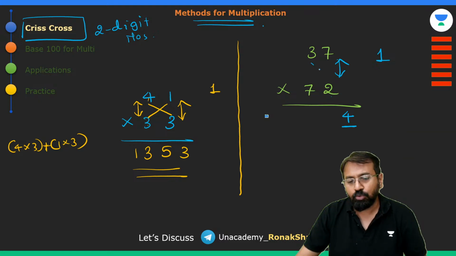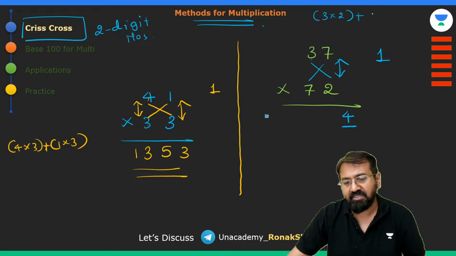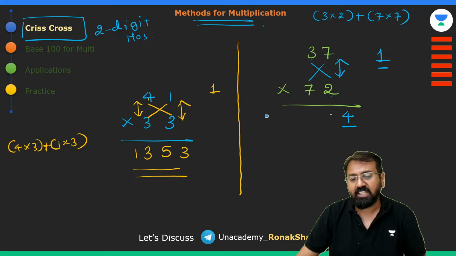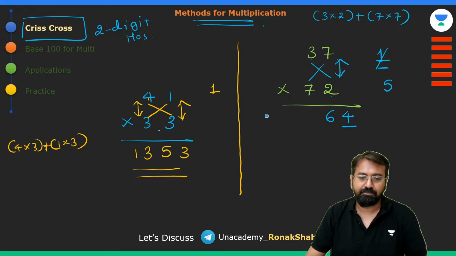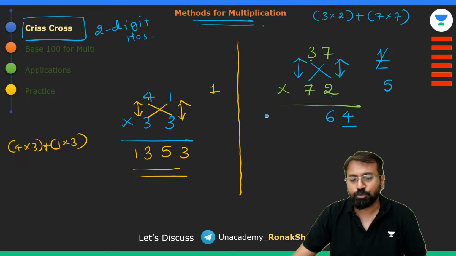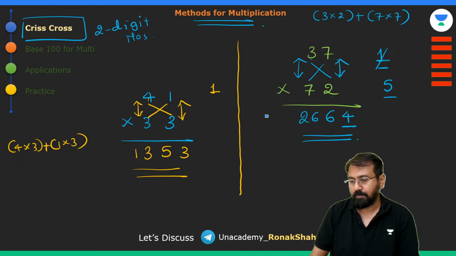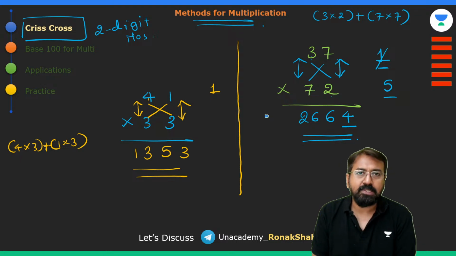Now do crisscross. 3 2s are 6, plus 7 7s are 49. So 6 plus 49 is 55, plus 1 carry, 56. So 6 over here. Now 5 will be your carry. Now multiply the leftmost 2 digits. 3 7s are 21 plus 5, 26. So this is going to be 2664. Are we clear? It's going to be 2664.